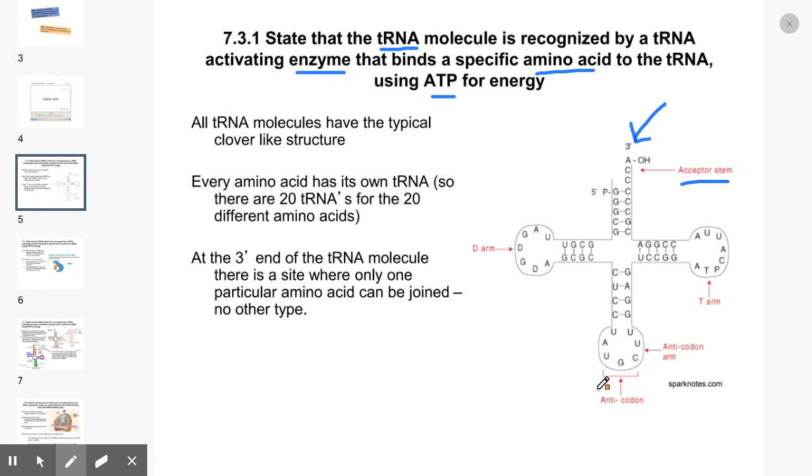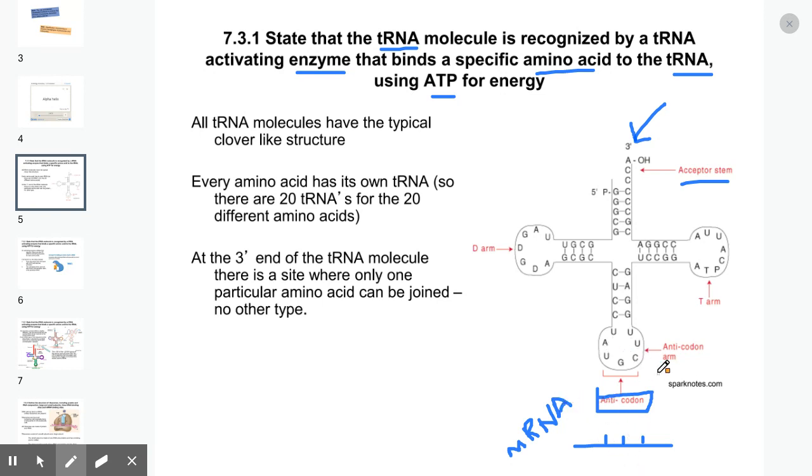The other thing is, down here's our anticodon, right? So the anticodon is the 3 bases on transfer RNA that will form complementary bases to the codons on messenger RNA. Codons are the 3 bases on messenger RNA, which, if you remember, is transcribed off of our DNA and carries the genetic code.